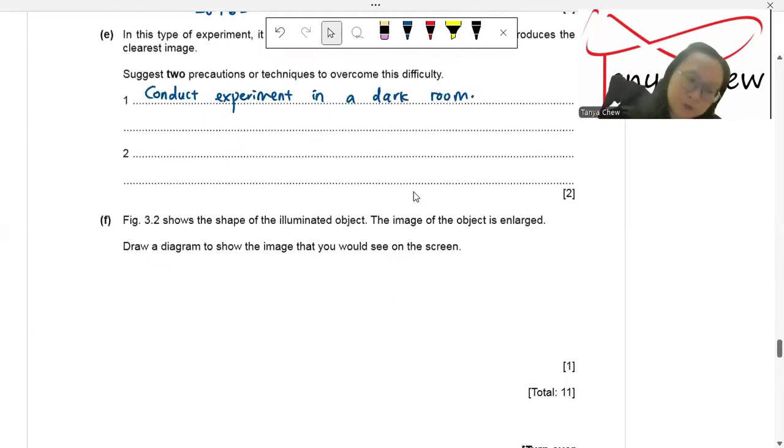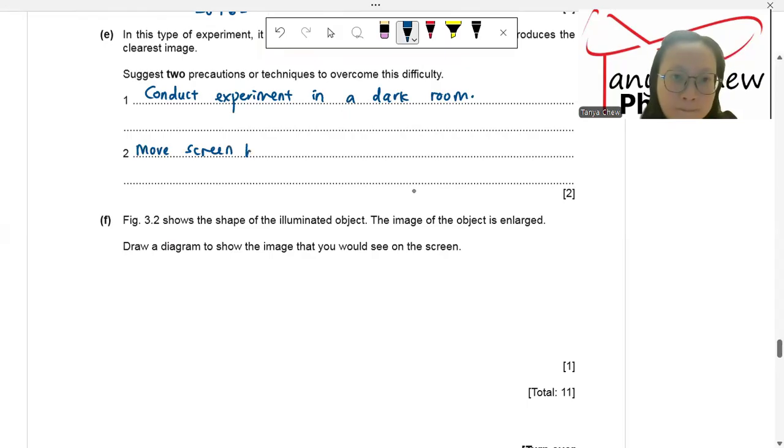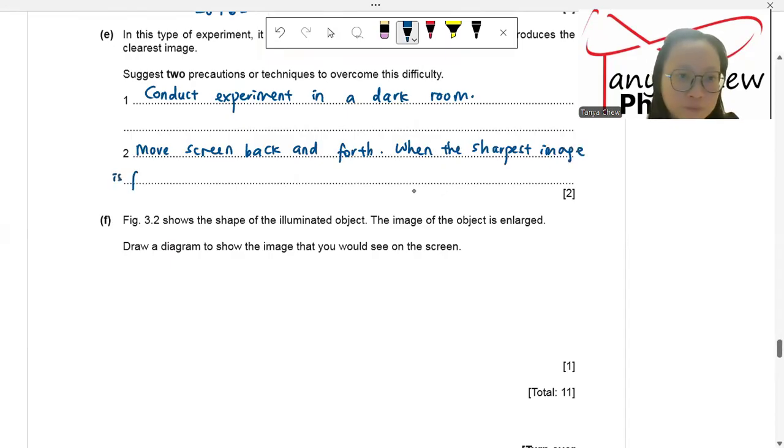So I'm going to write that down. Move the screen back and forth when the sharpest image is formed.